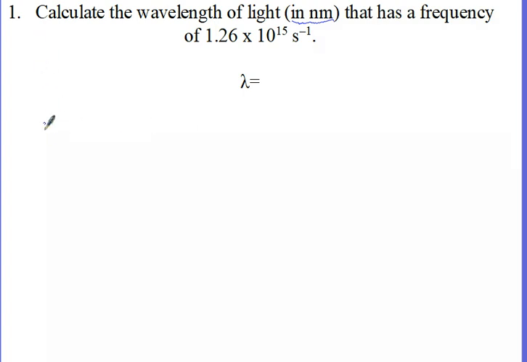So we're going to do the same thing that we did before. We already know from the previous equation that the wavelength is C over nu. Also, you can look at this rearrangement of the equation and remember the relationship between wavelength and frequency was they had an inverse relationship.